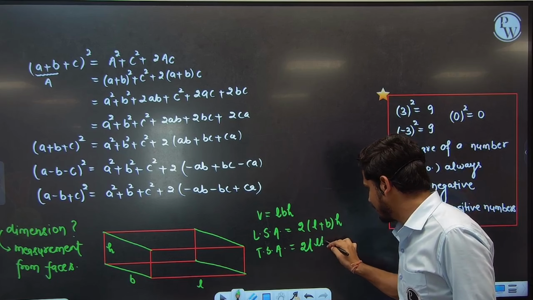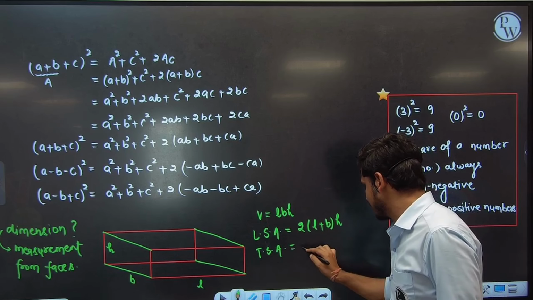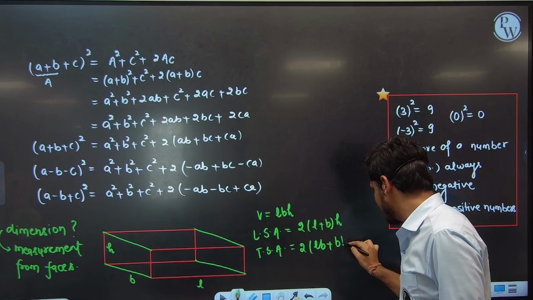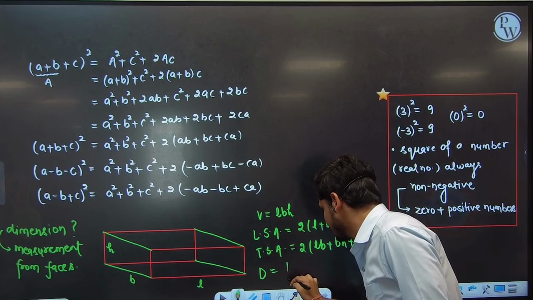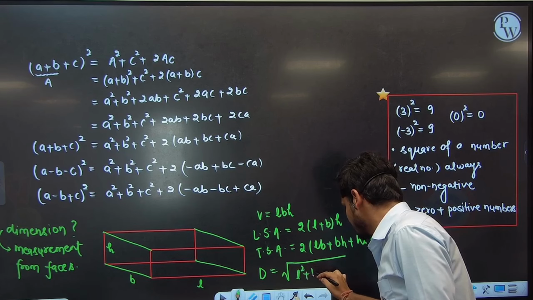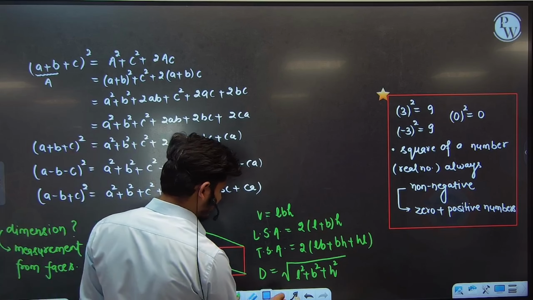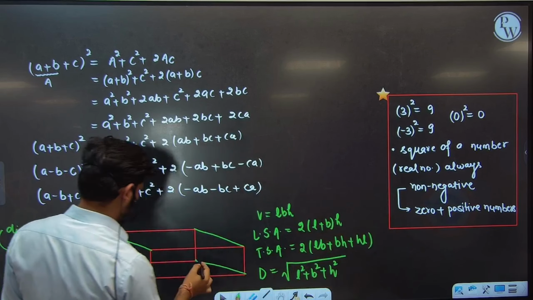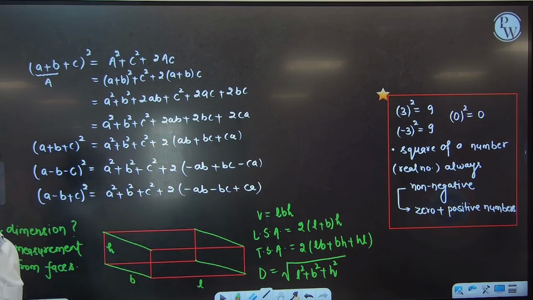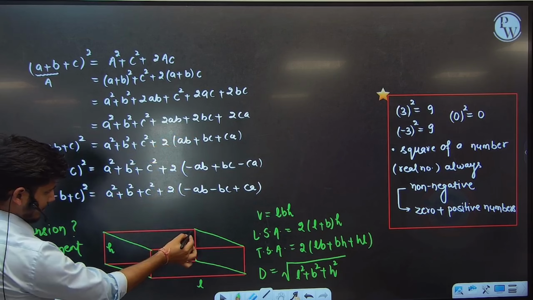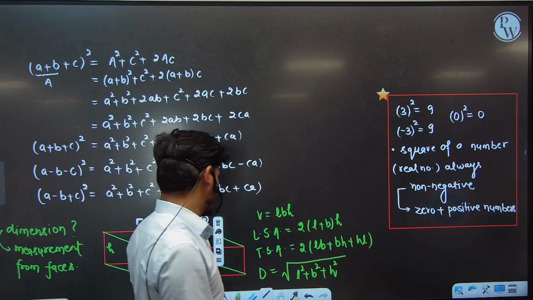Twice of (LB plus BH plus HL). Diagonal: square root of L square plus B square plus H square. Diagonal means from this corner to this corner. Okay, this is the diagonal.